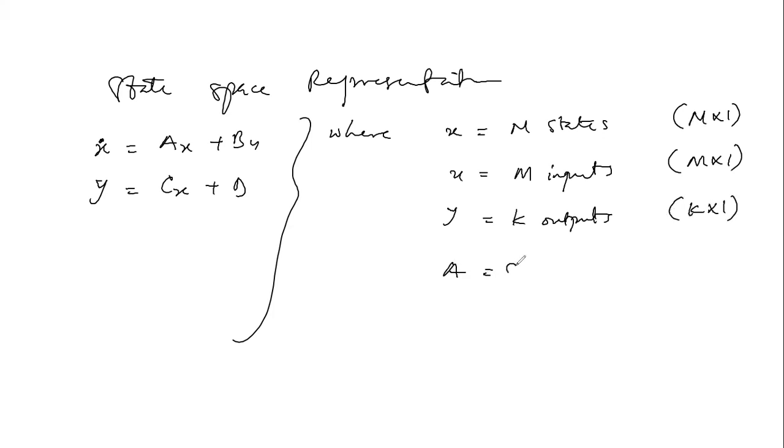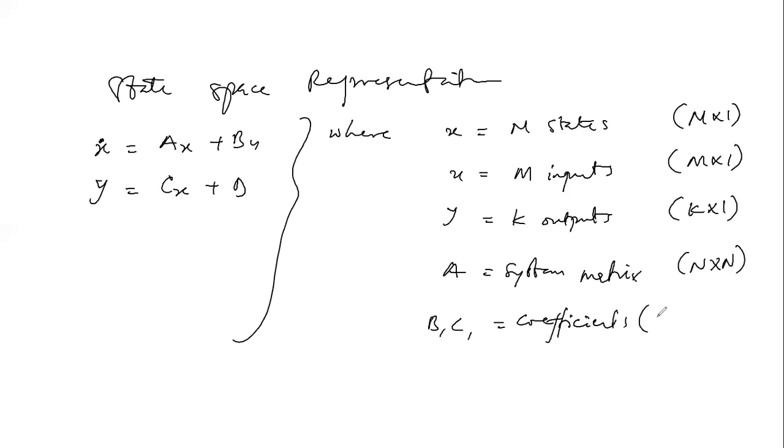Then A is the system matrix, which is an n by n matrix. Then B and C are coefficients, which are n by m and k by n matrices. And then we have D, which is a constant, which is a k by m matrix.